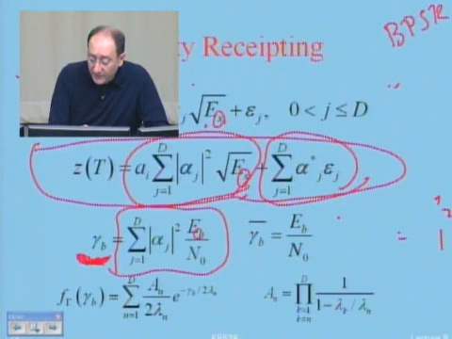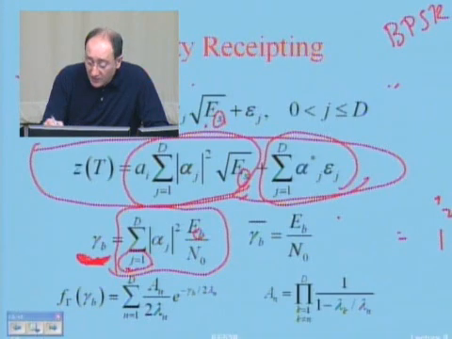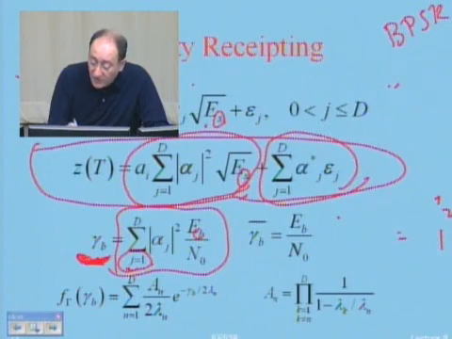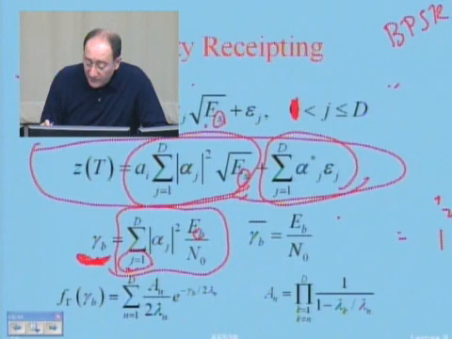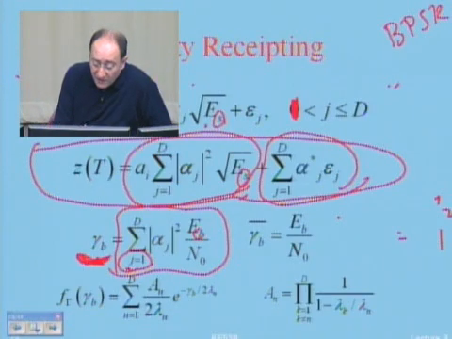And my gamma sub B at each instant is the summation of j equal to 1 to, in here I put 0, so this one should be 0, or this one I put 1. Yeah, this is 1 actually. Then, j equal to 1 to D, alpha j magnitude squared times EB over N0.